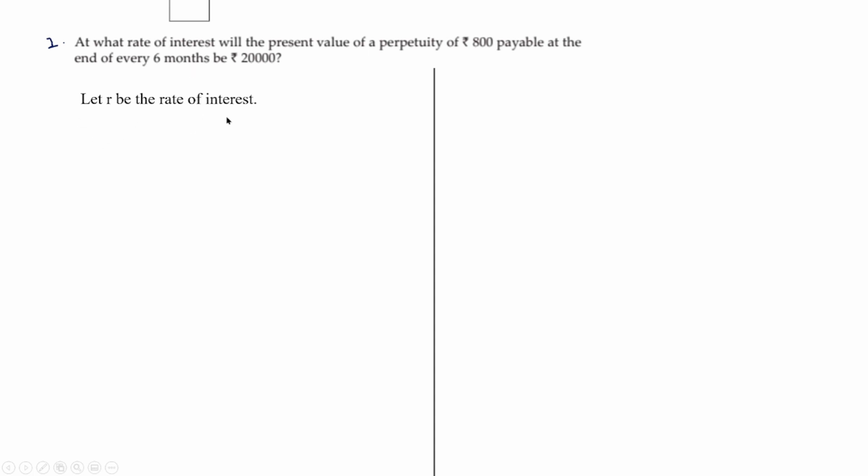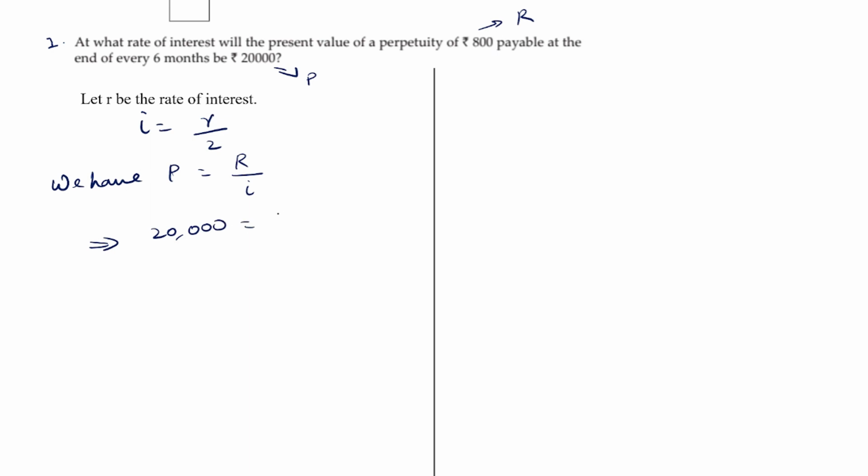Let R be the rate of interest. So we have the rate per period I will be R by 2. Here this is R and this is the present value of perpetuity P. We have P is equal to R by I. So P is given as 20,000 equal to R is 800 upon I is R by 2.